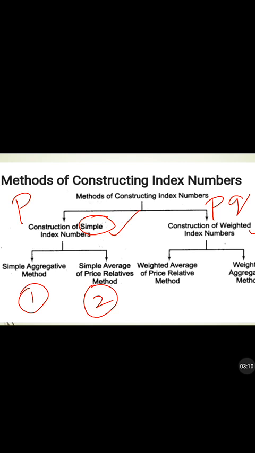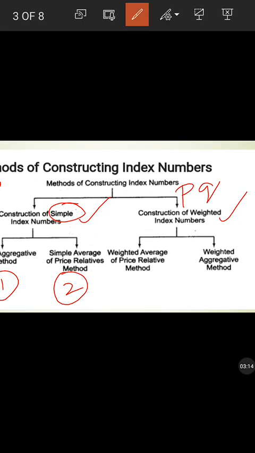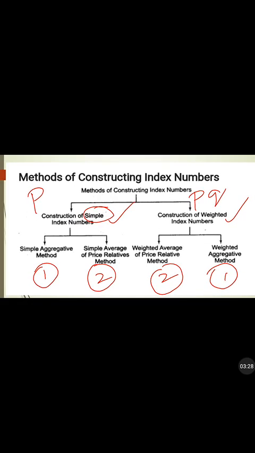Similarly, under the construction of weighted index numbers also, we have two methods: the weighted average of price relative method and the weighted aggregate method. If you notice, the first one is simple aggregate and in weighted it is weighted aggregate.